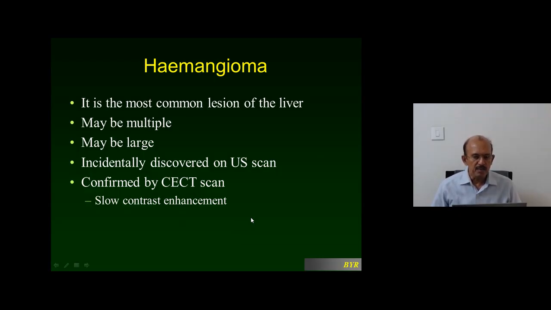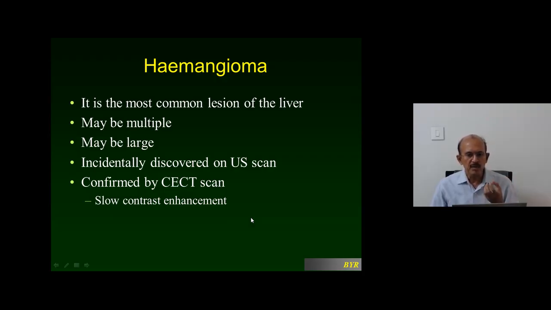Because they are capillary hemangiomas, the contrast given into the intravenous circulation will not come into the hemangioma immediately. If it is arterial related, as you are giving into the vein, the blood circulation time is about 16 seconds, so within 10 to 15 seconds you will find the contrast seen in the mass in case of hepatoma.